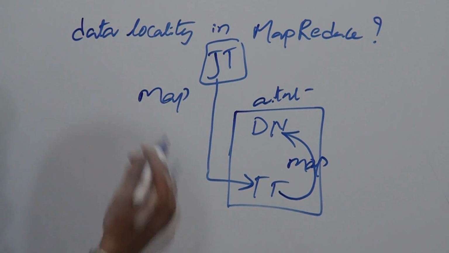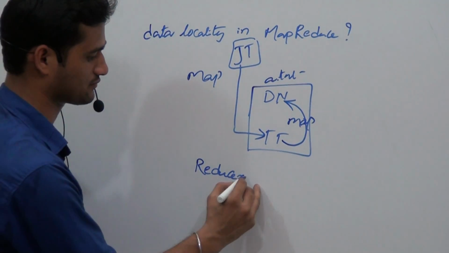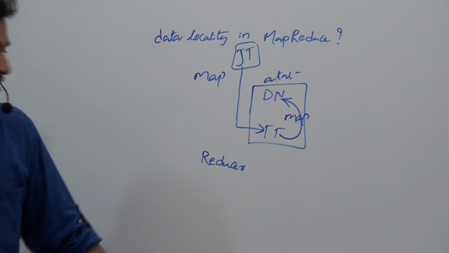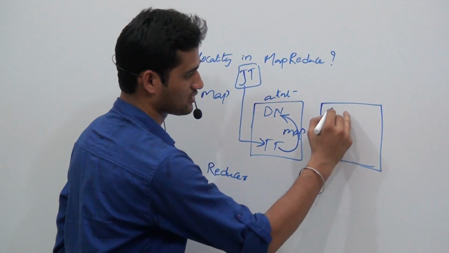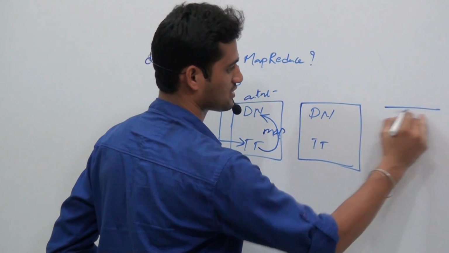Next, what about the reducer? Reducer will never have data locality. Why? Here you have different data nodes and different task trackers.